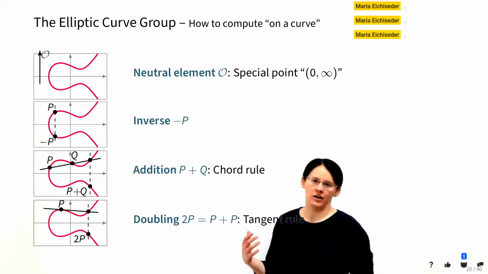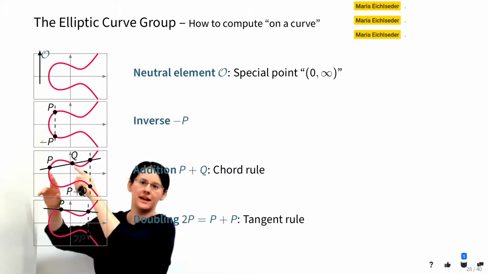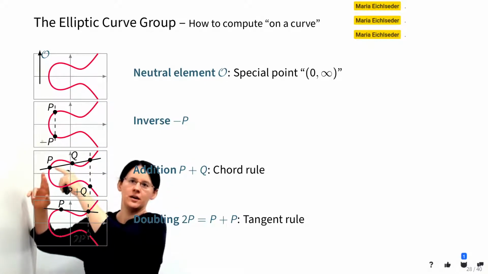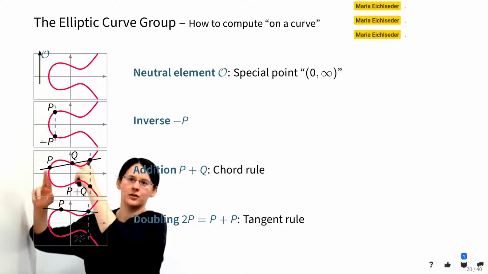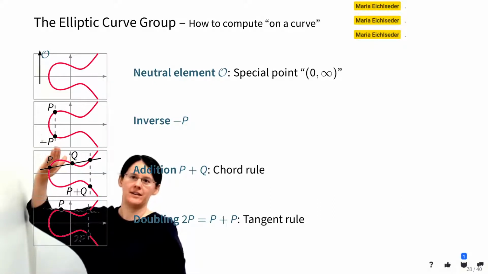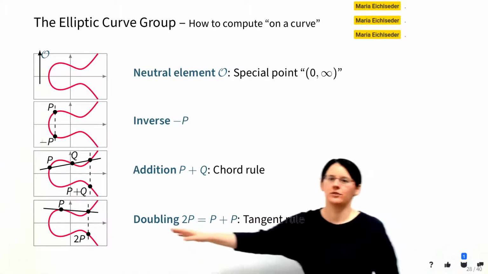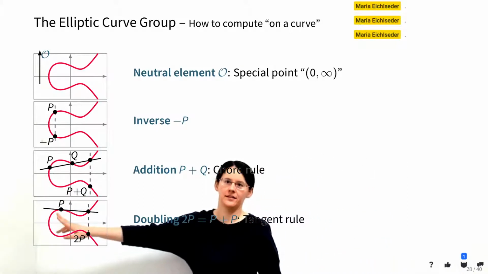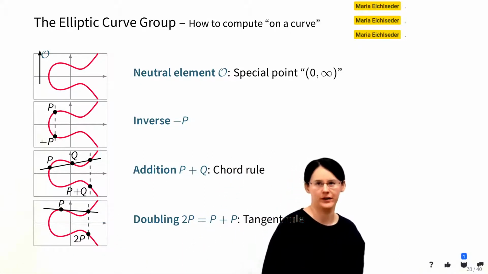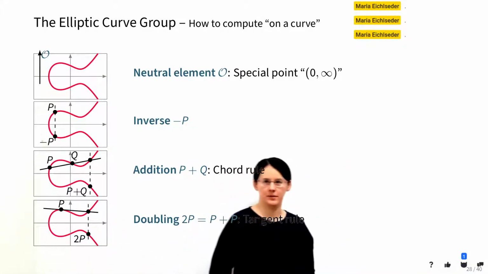In this case, what we essentially do is the limit of what we would get if we move the second point Q closer and closer to P, because the closer we move this point here, the closer this chord becomes to a tangent in the point P. So this is exactly what we do for doubling. We draw the tangent line in this point, which will intersect with the curve in exactly one more point. This is our intermediate result. We mirror it again and get the result of the computation.